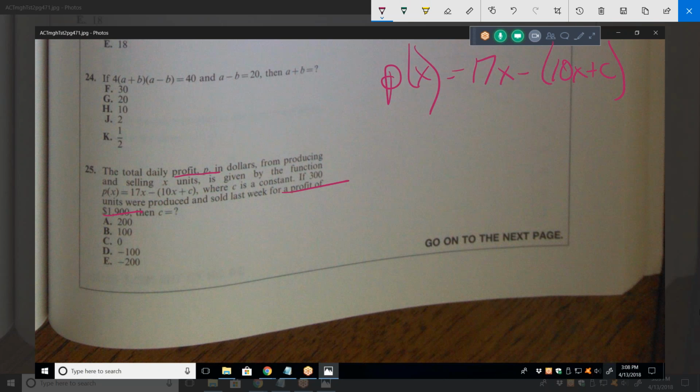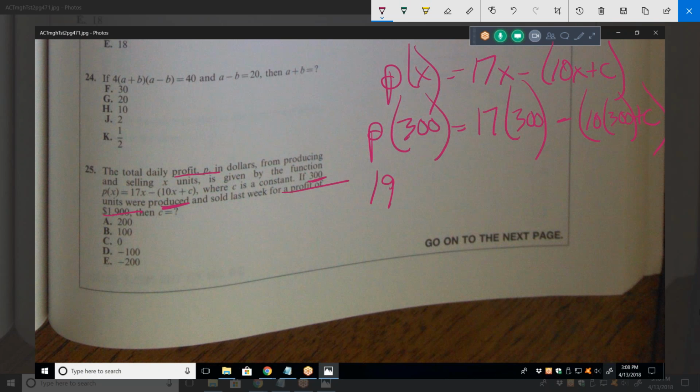Okay. Now, they say 300 units were produced. So P of 300 equals 17 times 300 minus, don't drop any parentheses yet. Now, they're also saying that P of 300 is 1900.